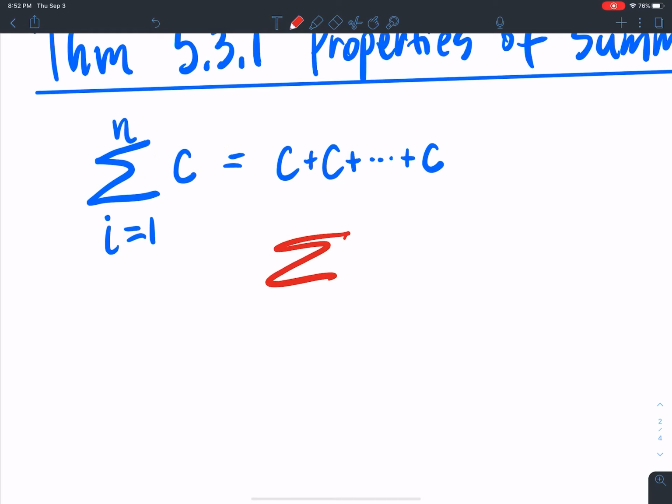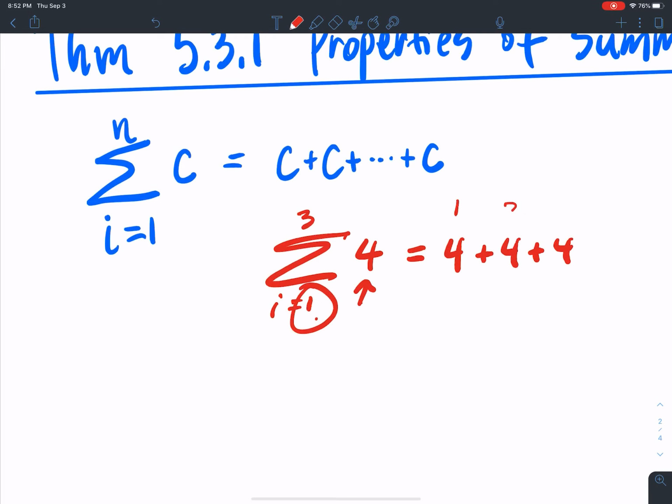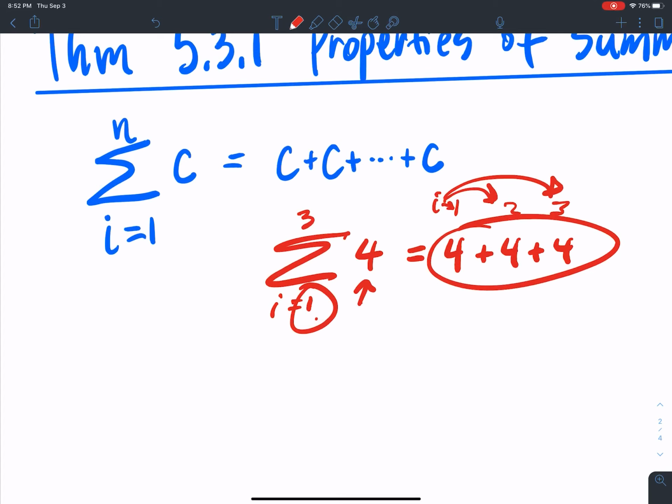So it's like I'm summing i equals 1 to, let's say, 3 of the number 4. So what does this mean? At i equals 1, I put a 4 there. At i equals 2, I put a 4 there. At i equals 3, I put a 4 there. So I add 4 for the different i values, and I just add up those numbers, right?